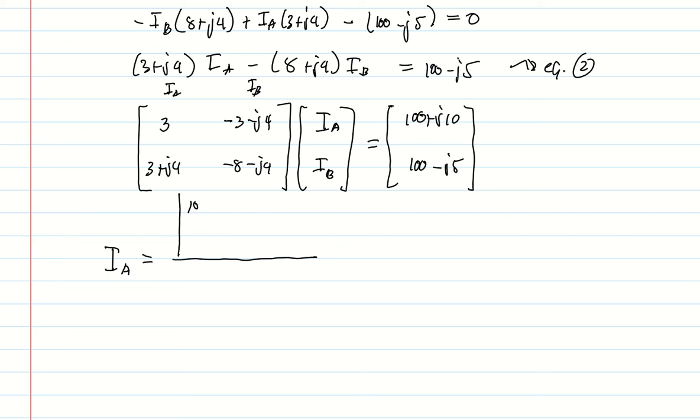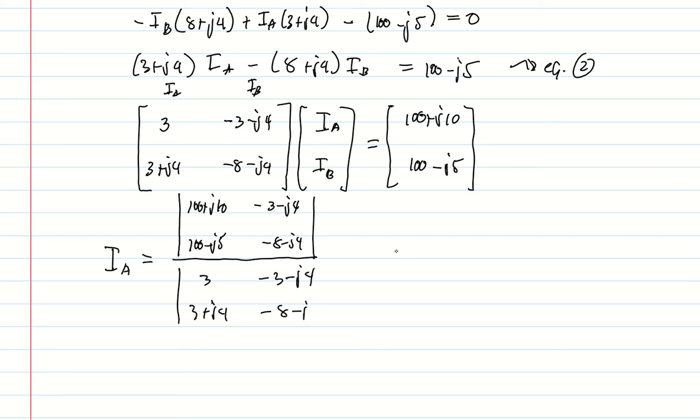So what are the constants? 100 plus j10 and 100 minus j5. Then we just copy the second column: 3 minus j4 and minus 8 minus j4. So that's the numerator. For the denominator, it's the determinant. So you just copy directly 3 and 3 plus j4 and negative 3 minus j4 and minus 8 minus j4.